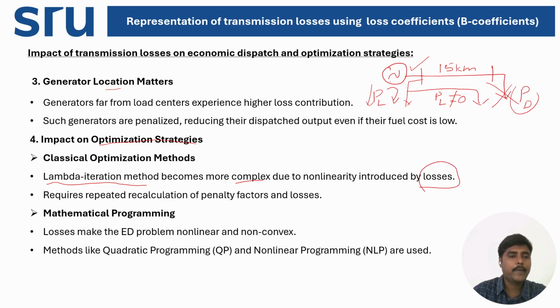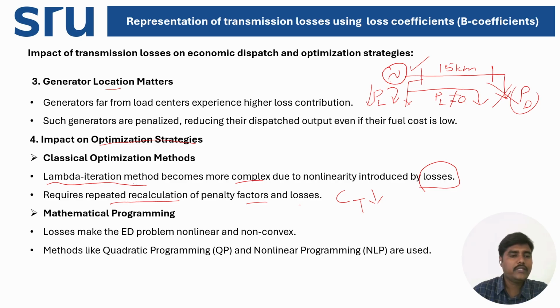It requires repeated recalculation of penalty factors and losses, because we will have so many cases and we try to pick the one case where the penalty factor is less, the power loss is very less, and the total cost of generation is also very less. To pick that best matching case, you have to do repeated calculations.